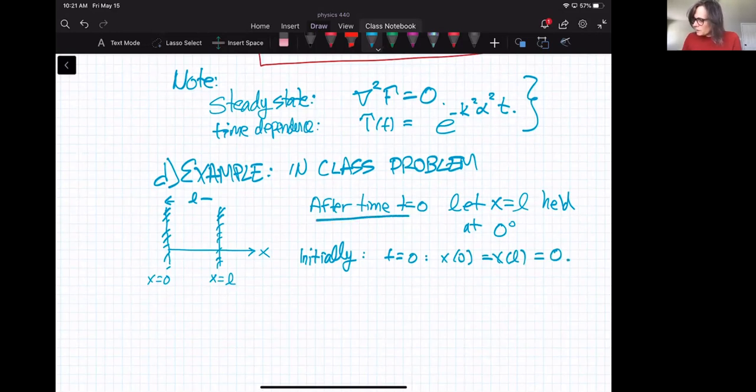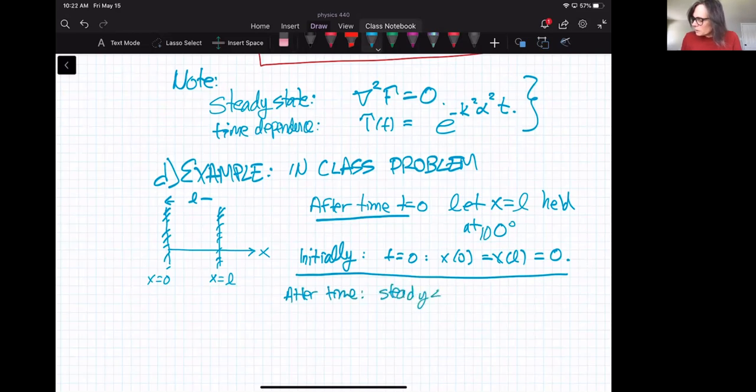After time t equals 0, these are your initial conditions. Basically, after time t equals 0, you have a steady state solution that this relaxes to, such that x of 0 is still 0 and x of L is equal to 100 degrees.